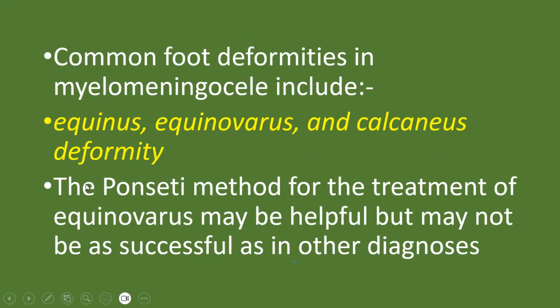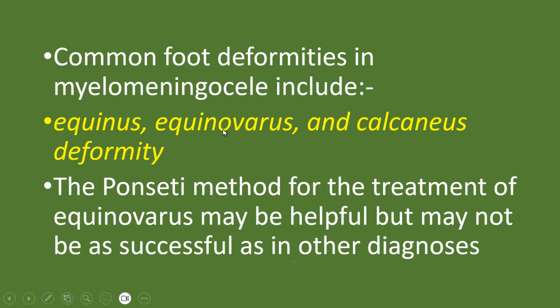Common foot deformities, like equinus, equinovarus, and calcaneus deformities, should be treated either conservatively if they are still dynamic, or by surgery if they're rigid. This shows you the patients in walking mode.